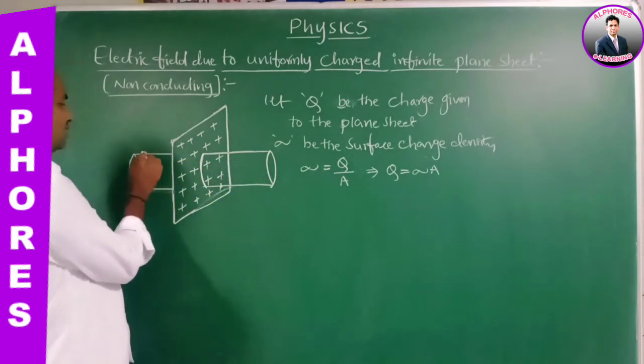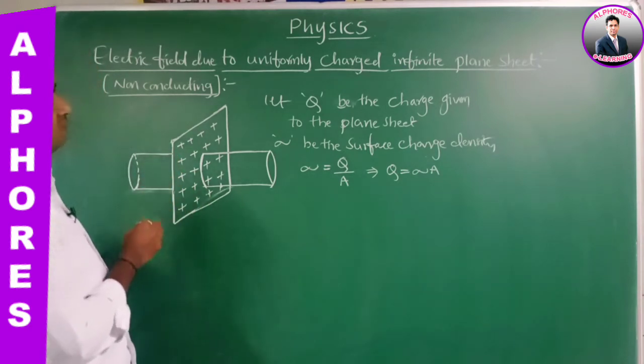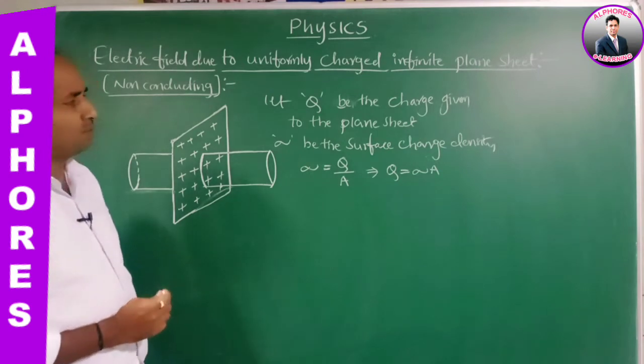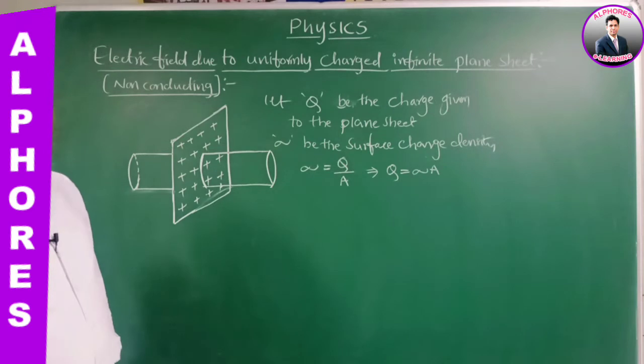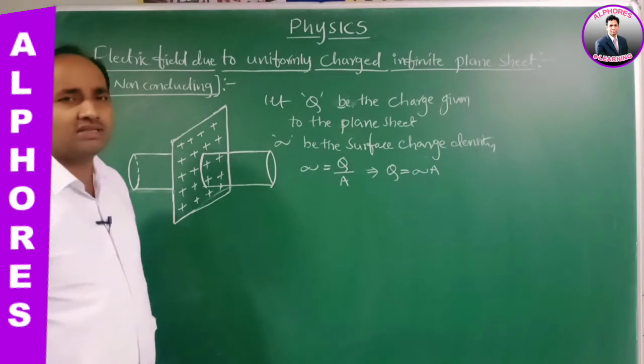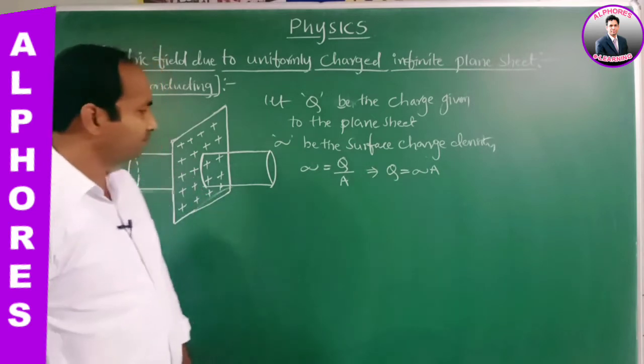This is the Gaussian surface. Q is the charge given to this plane sheet, and sigma is the surface charge density. By definition, sigma is equal to Q by A, and Q is equal to sigma A.